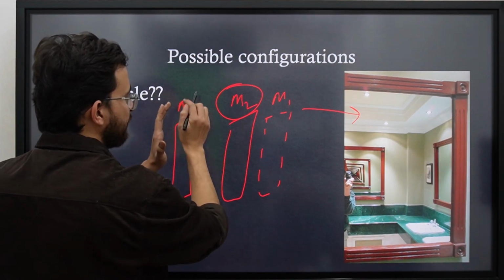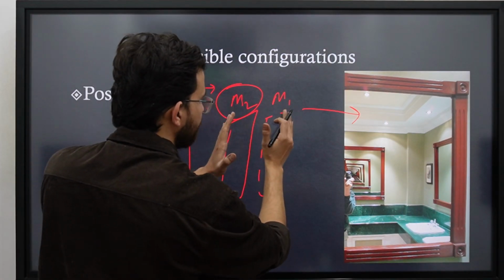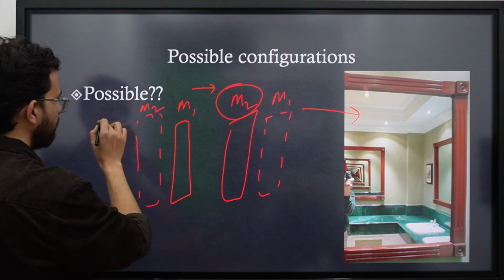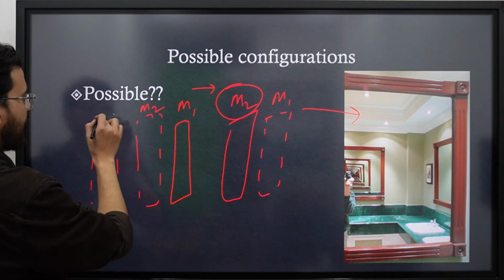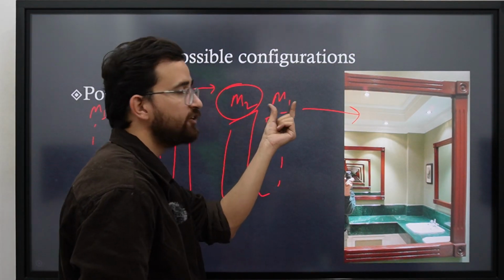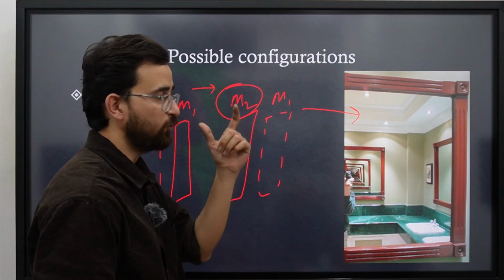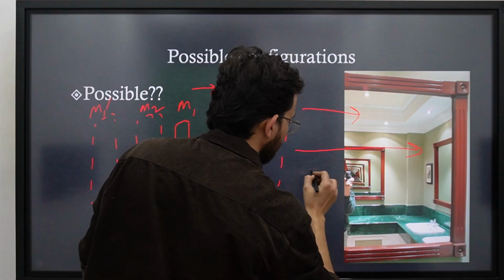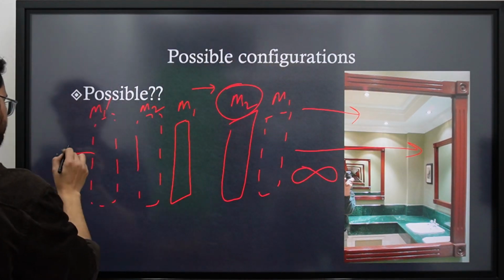Now mirror 1 will look at these two mirrors and generate a mirror image of the M2 mirror and a mirror image of the first mirror that was generated by M2. And this sequence will go on till infinity.